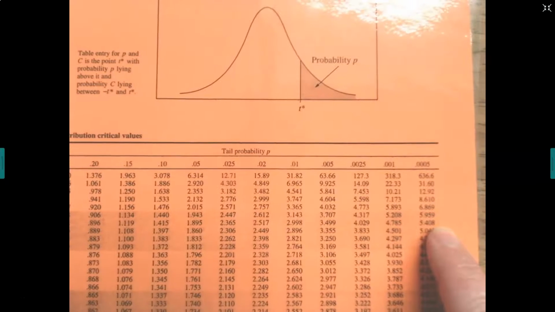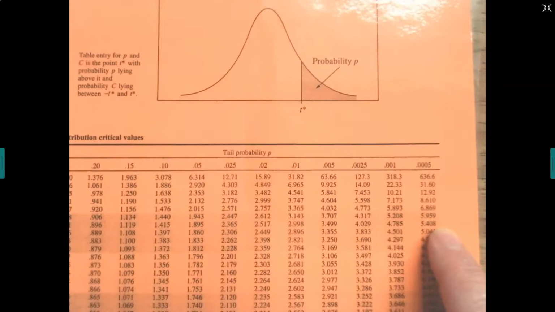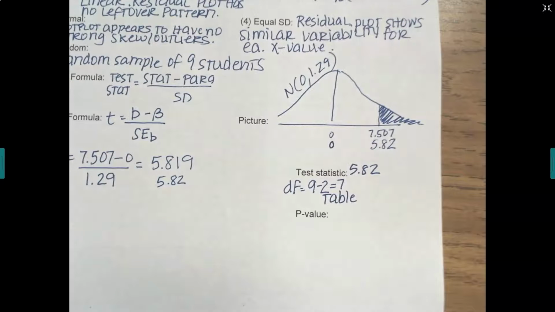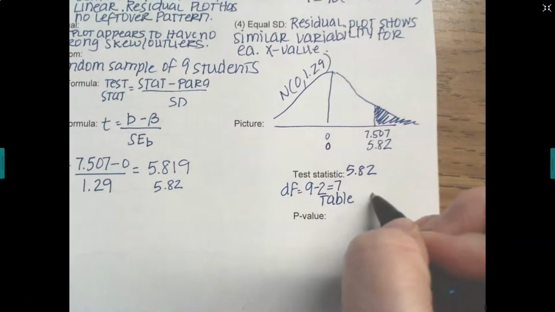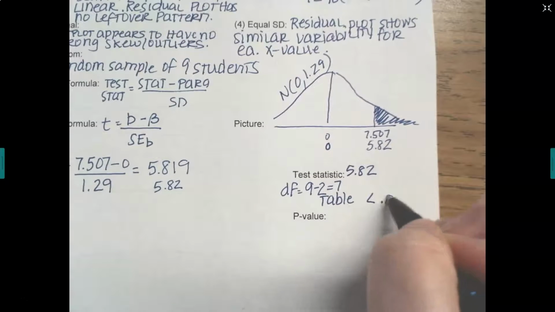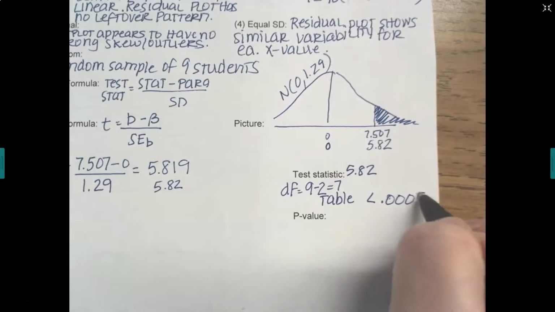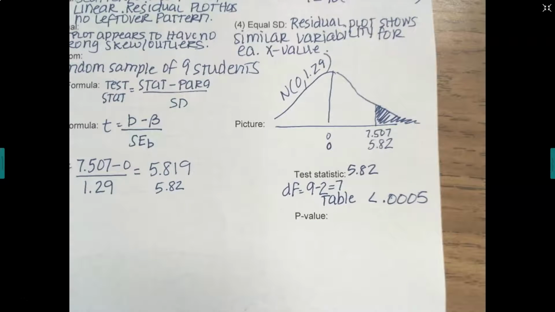So on line 7, we want to go across until we find 5.82, so that's going to actually be off this edge right over here. So all we know is that our p-value is less than 0.0005. So by the table, our p-value is less than 0.0005.